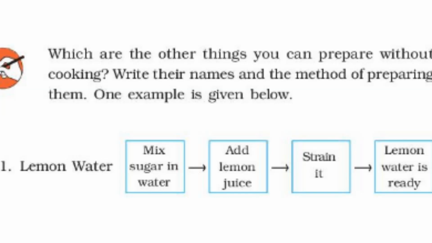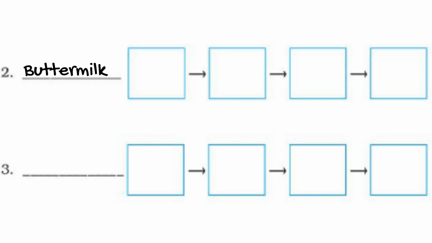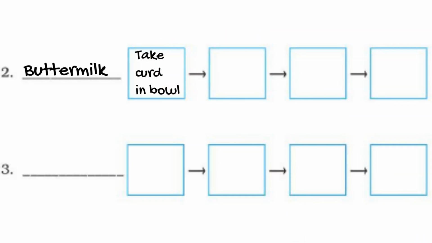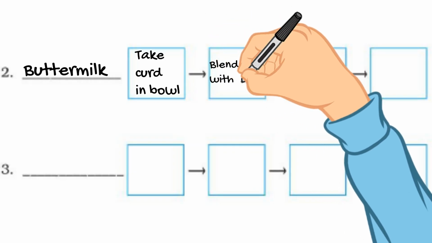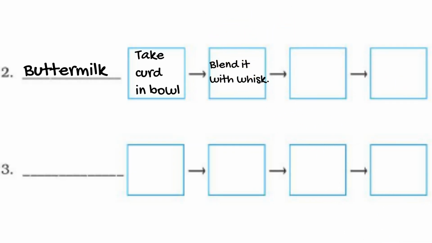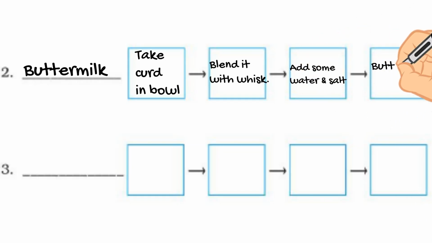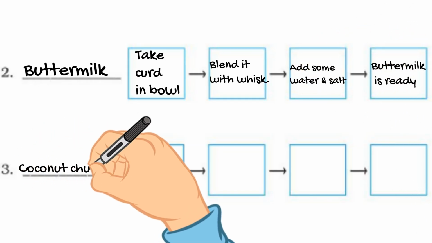Which food item does not need cooking? Buttermilk does not need cooking. Add some curd into a bowl. After adding it into the bowl, mix or blend it with a whisk and add some water and some salt according to taste. Next food item is coconut chutney.